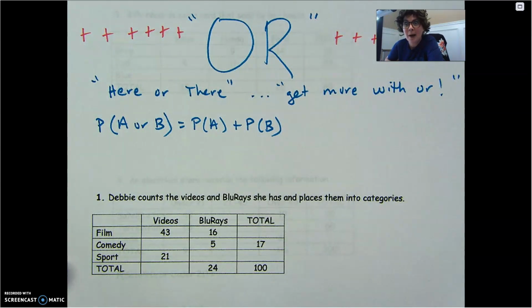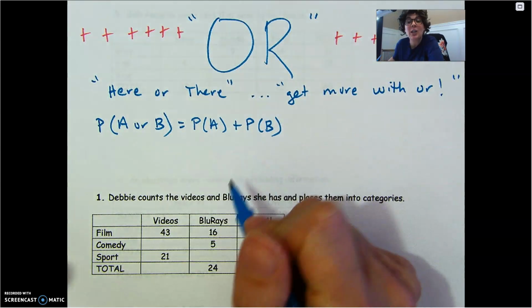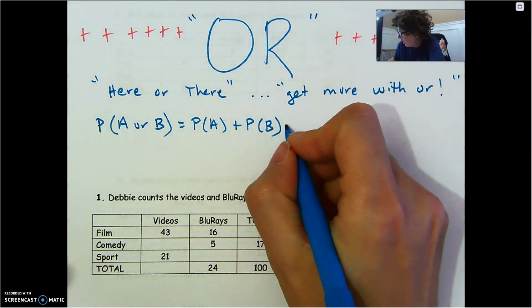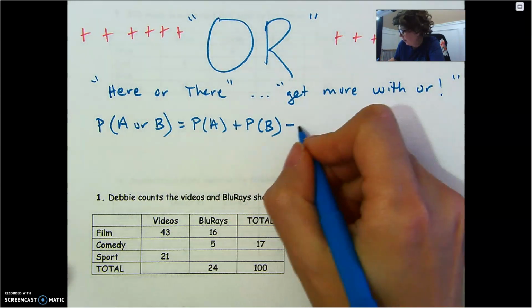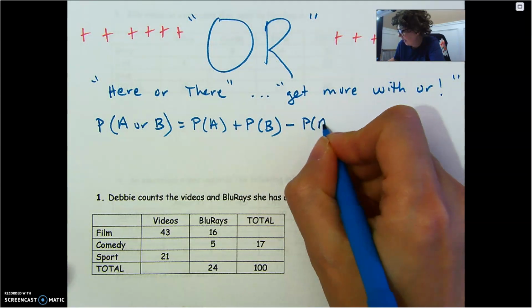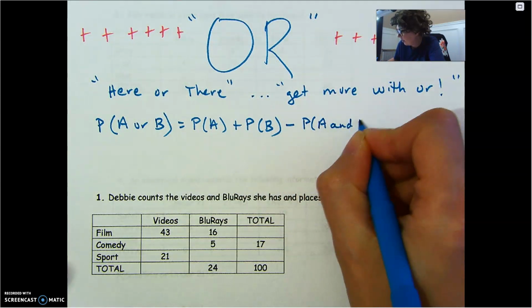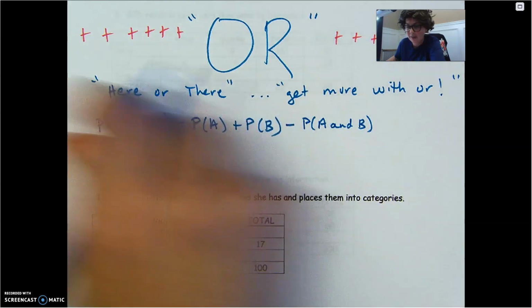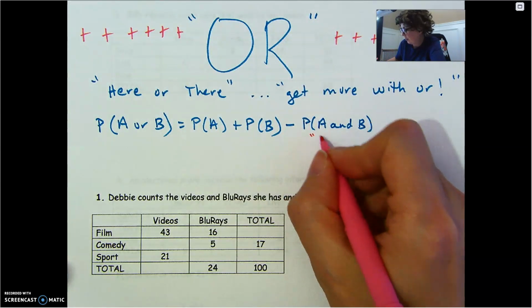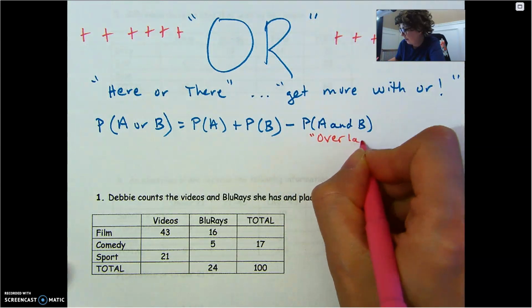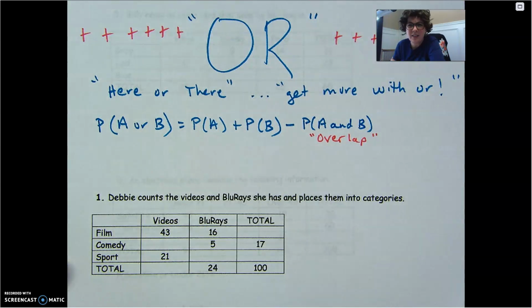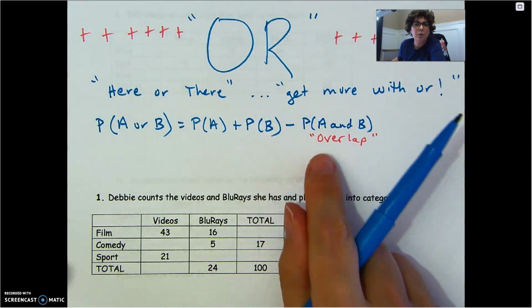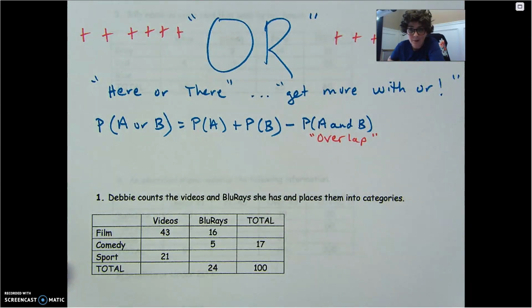Another rhyme, I'm amazing! Anywho, when you get too much, you have to subtract the overlap. And we show overlap with this fancy notation, probability of A and B. So underneath it, to put in simple terms, that's the overlap. And you'll see what I mean here in a few, all right? Will there be an overlap? Not every time, all right? It's just every once in a while there is an overlap.